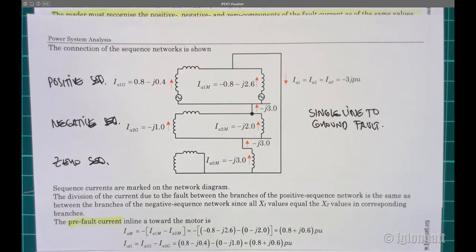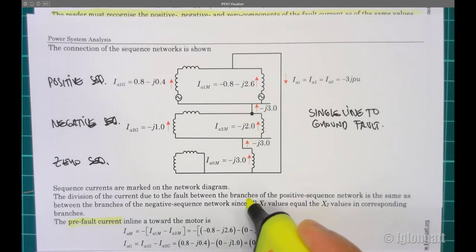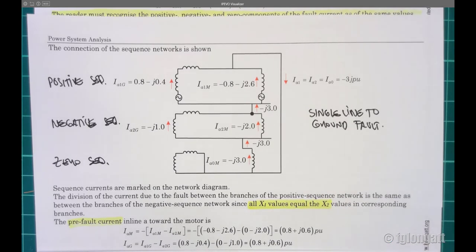For this very specific circuit, this very specific power system, the positive and negative sequence have the same value. Again, this is a circuit property.